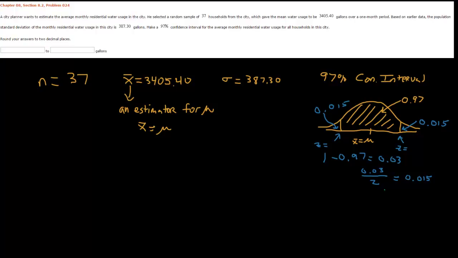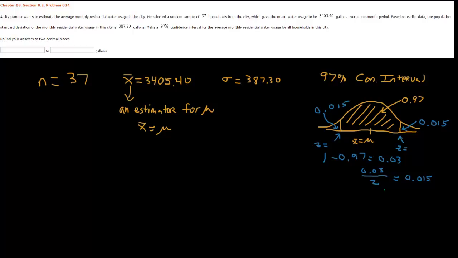To look those values up, you can use the z-chart in the appendix in the back of your book, or you can use your calculator. To find the left-hand z-value, find the inverse norm of 0.015, or to find the right-hand z-value, find the inverse norm of 1 minus 0.015.